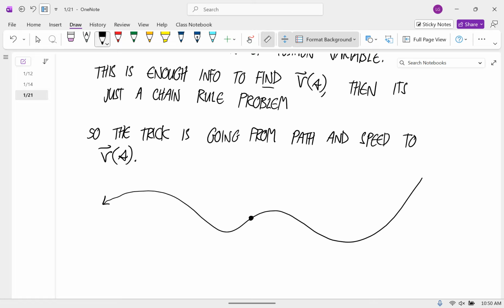Now, notice that the velocity vector is always tangent to that path. So the velocity vector is tangent to that path, and it's equal to the speed times a unit vector tangent to the path. And we know in these kinds of problems, we have a way to calculate the speed. So now we just need to use this path to figure out the unit vector tangent to the path.